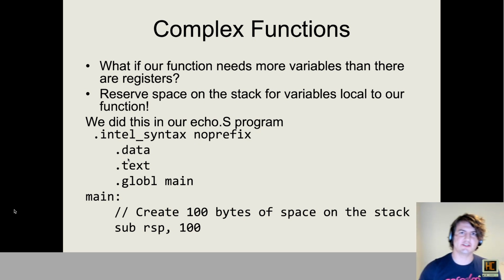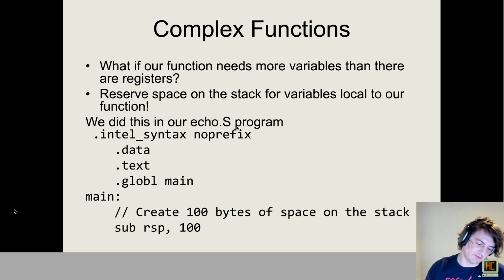So what we can do is reserve space on the stack for variables that are local to our function. That way, we're not constrained by how many registers our CPU has. We can use any number of variables.